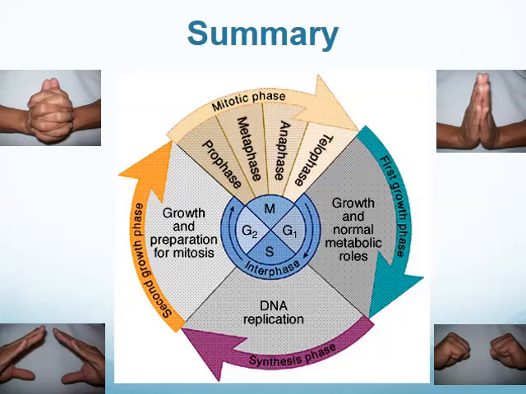So we have twice the amount of genetic material now. Our next step is G2, where we duplicate all of our organelles and prepare to divide. From there, we finally go into mitosis. So we have prophase, metaphase, anaphase, telophase, and finally cytokinesis, finishing off mitosis and the cell cycle.